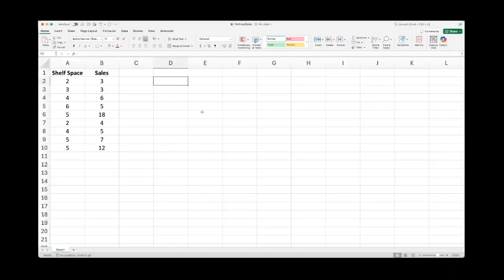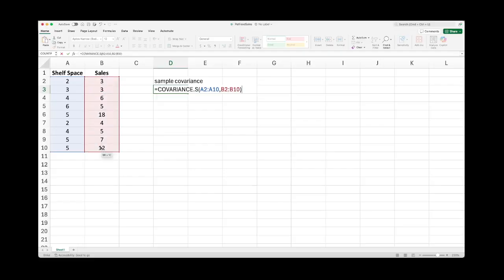So first, let's find the sample covariance. In Excel, we could do covariance and then .s for sample, and we want to put in our two variables without the titles. It doesn't matter here which comes first. I did column A and then column B, so shelf space and then sales.